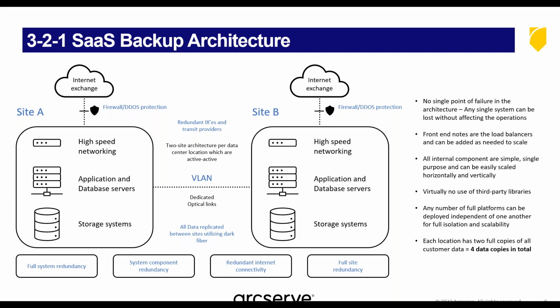With these 4 copies of the data at 2 different sites, you have the healthy data set. I would say this is the strongest testimony for Arcserve SaaS backup in terms of your data resiliency.